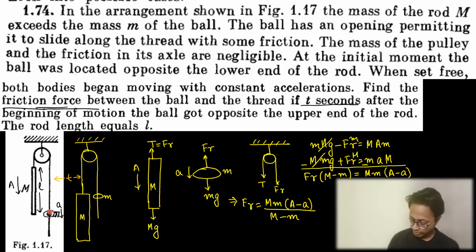So what is the relative acceleration as observed from the frame of the ring? If I put my observer on the top of the block, what is the relative acceleration of the ring?